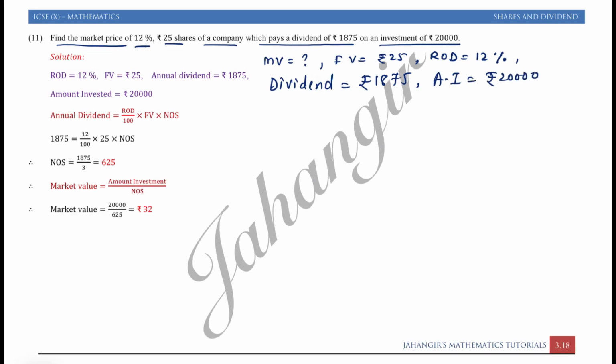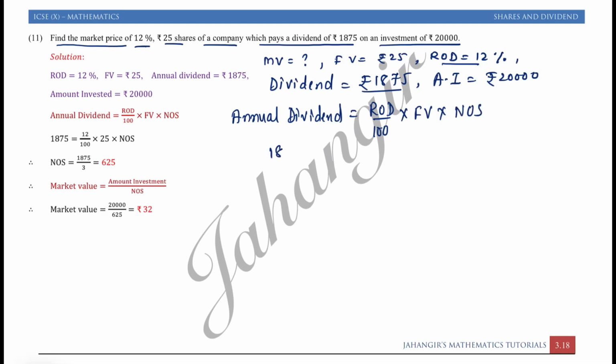Now here, first the rate of dividend is given and the annual income is given, so with this we can find the number of shares. So we will write annual income or annual dividend is equal to ROD upon 100 into face value into number of shares.